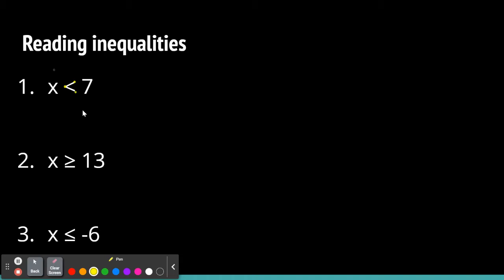So we're always reading from left to right, this x is going to be smaller than what's over here, or less than what's over here, or fewer than. So we can think of this as x is less than 7.